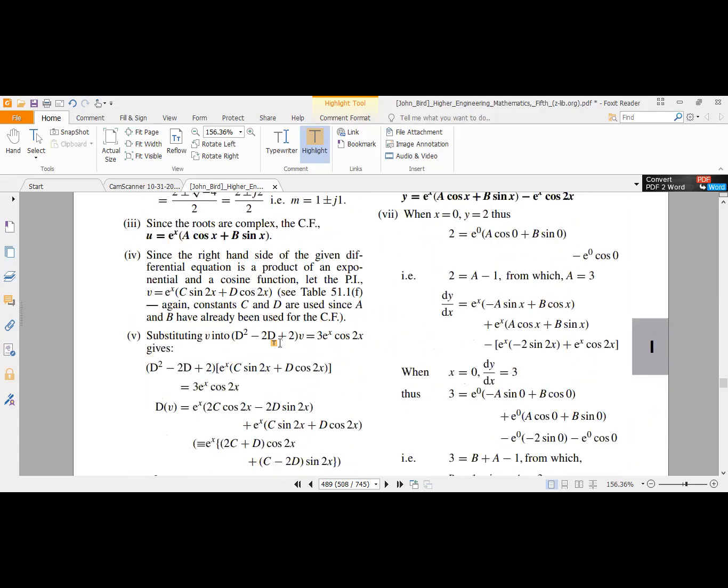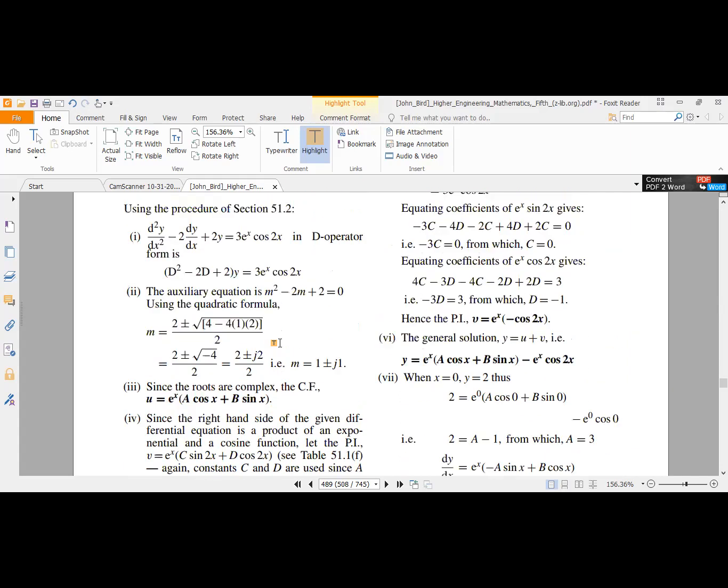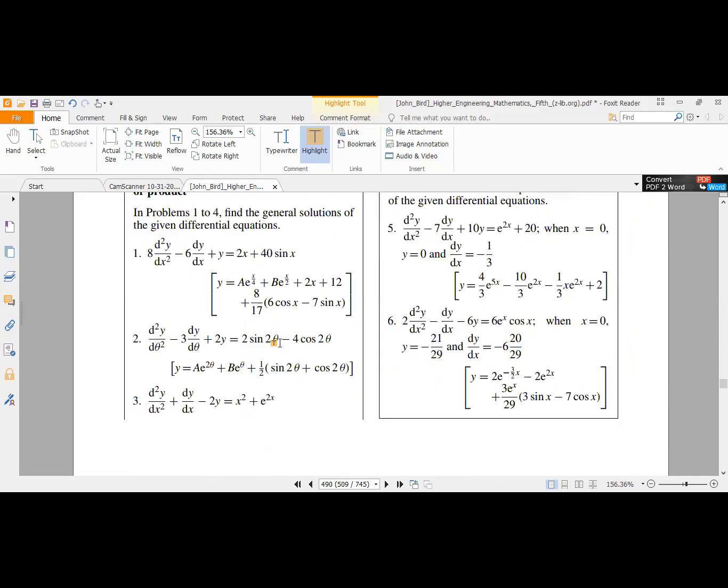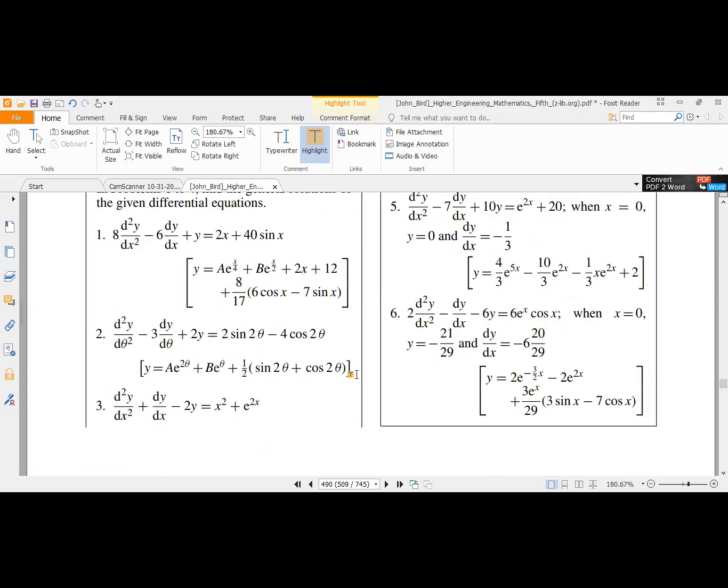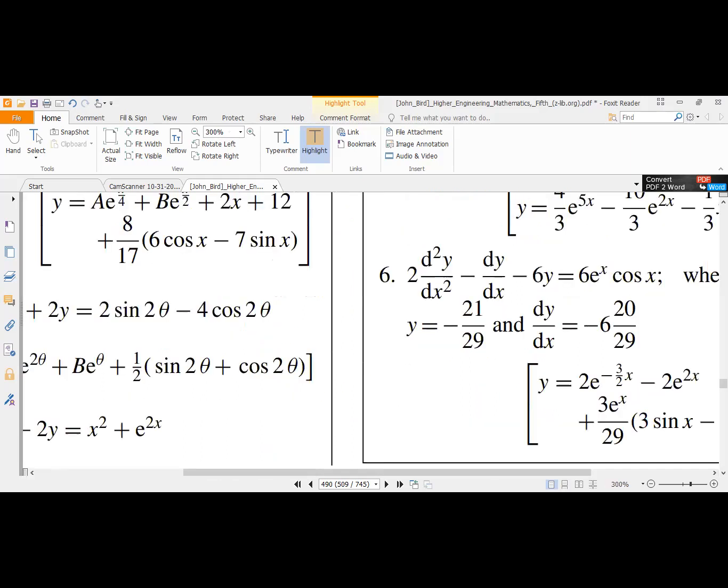In that case, the particular solution will not be something like what? Look at the problem now. It will be like something like what? Who can try? Even looking at the solution, you should be able to tell.